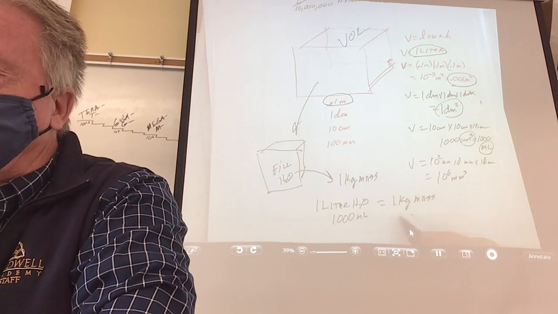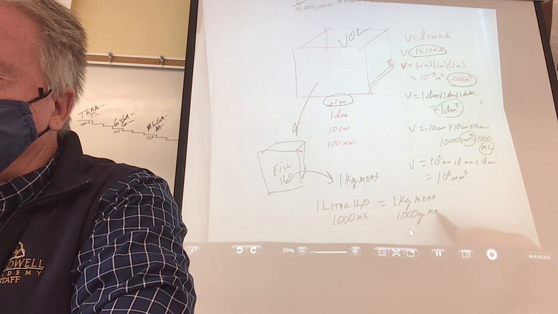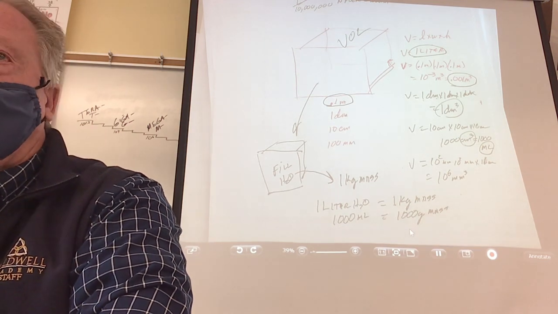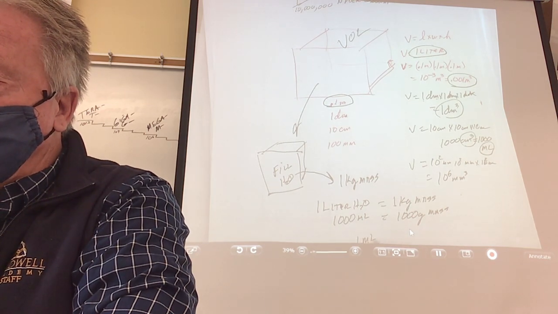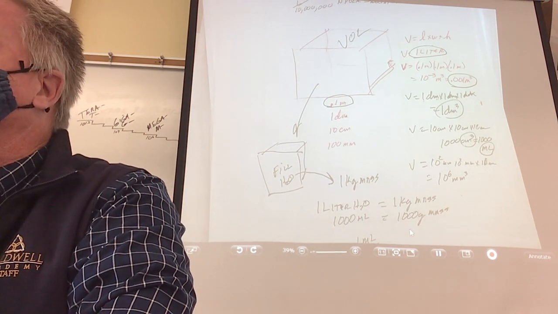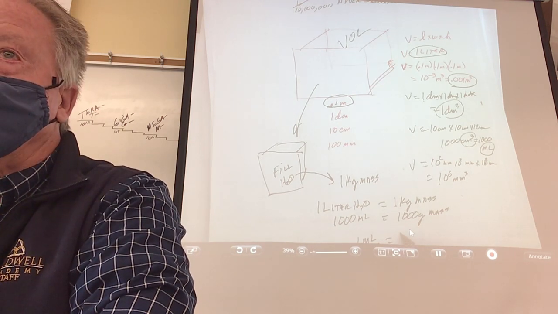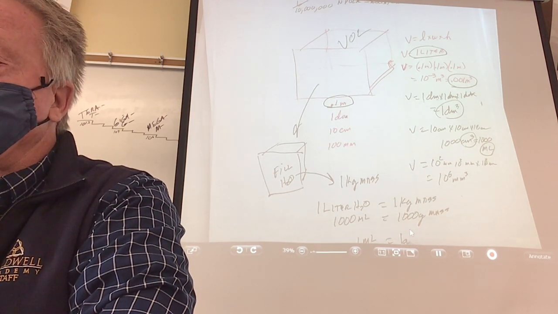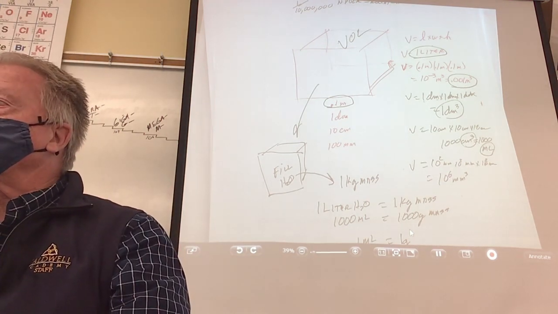A kilogram of mass is also known as what? 1,000 grams. A little algebra here. Divide both sides by 1,000. 1 milliliter of water is a mass of what? 1 gram. They did that on purpose.